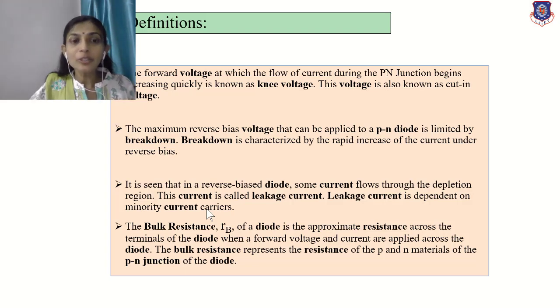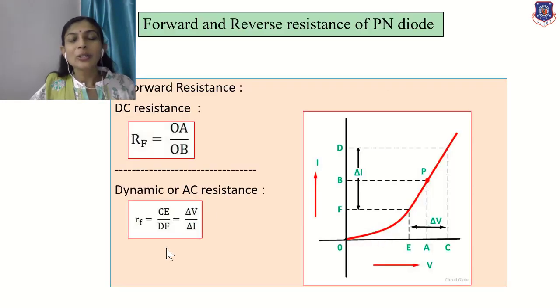Okay, according to the diagram of the PN junction diode, we will have to define the two main types of resistance, that is forward and reverse resistance, according to the DC resistance and also AC resistance. So, I am going to explain the forward and reverse resistance of the PN diode.